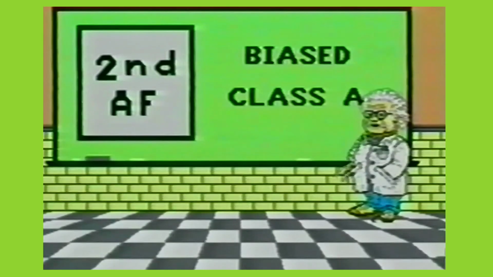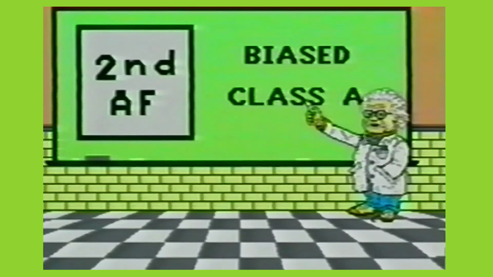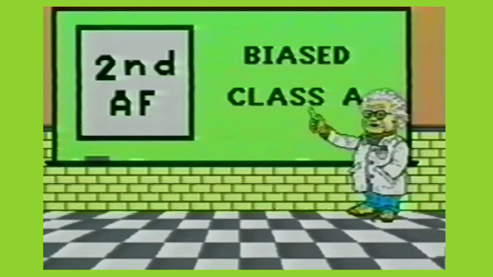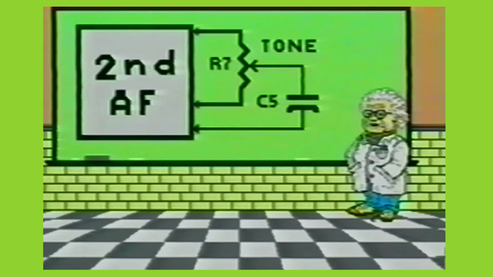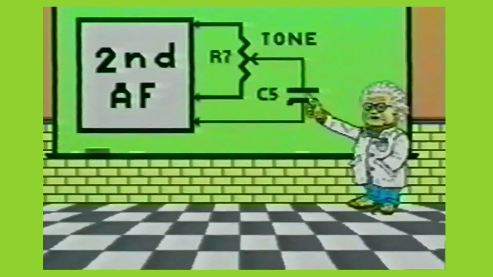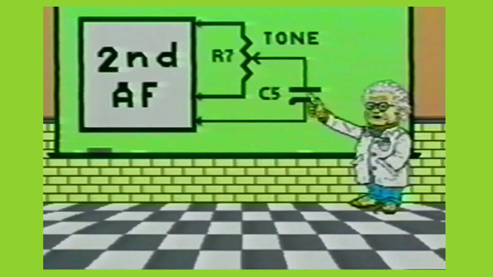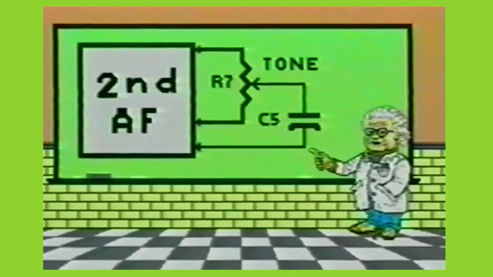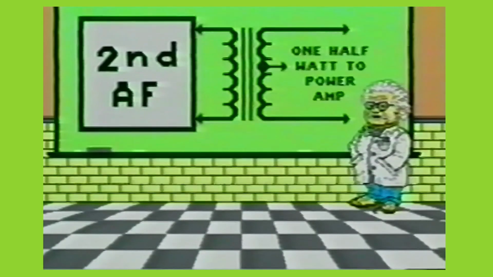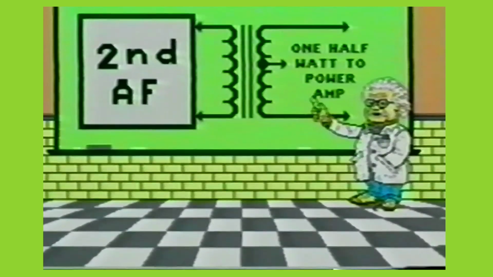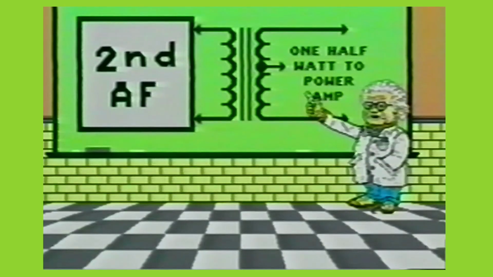The second audio frequency stage performs in a Class A operating mode. Potentiometer R7 and capacitor C5 form the tone control for its respective audio channel. The power developed in this stage will be at least 1/2 watt and inductively coupled to the power amplifier stage.